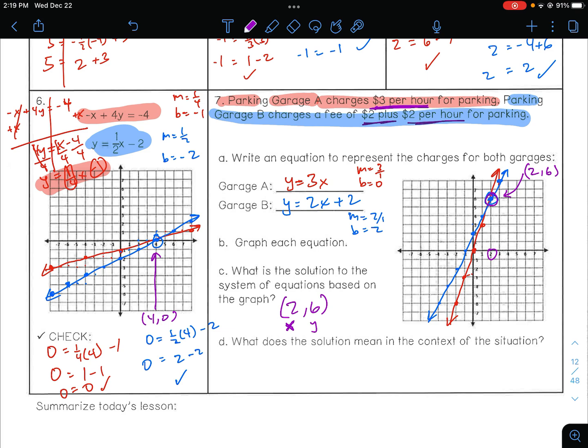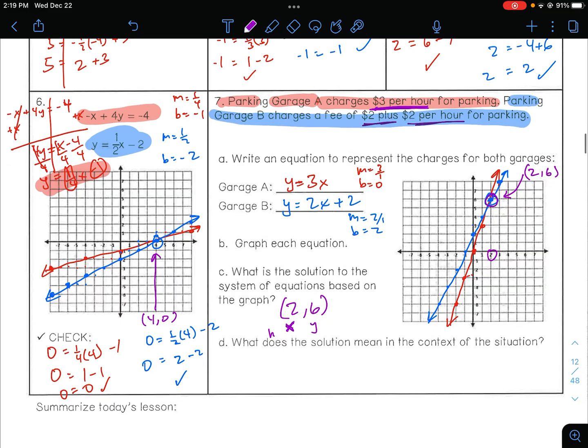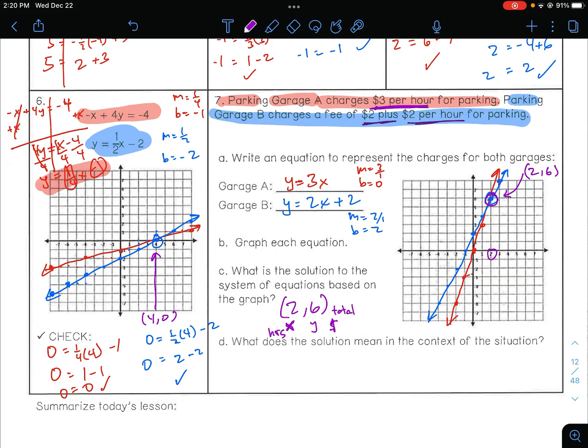Well, the y in this case is how much you pay, because remember, 2 hours, $6. And the x is like the hours. So this is the hours parked. And y is the money paid. Total money for parking. So the solution, what does the solution mean?